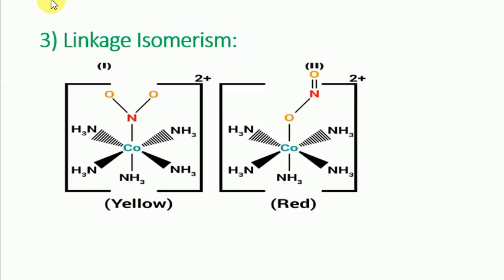Linkage isomerism: some ligands coordinate to the central metal atom or ion through one type of donor atom in one complex and through another type of donor atom in another complex. These two structures are called linkage isomers.